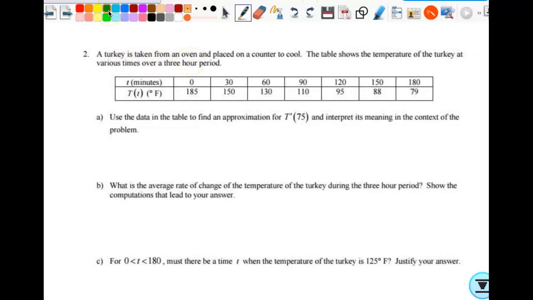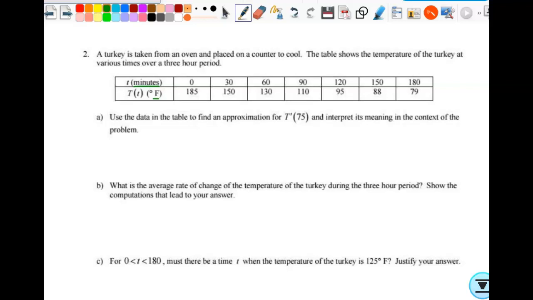A turkey is taken from an oven and placed on a counter to cool. The table shows the temperature of the turkey at various times over a 3-hour period. So it's important to put into your brain here, we've got time and we've got temperature. Our time is in minutes, our temperature is in degrees Fahrenheit, so that's on the front part of our brain here.